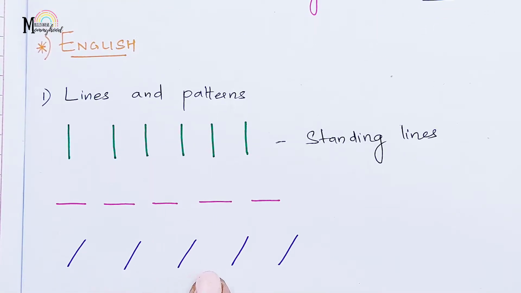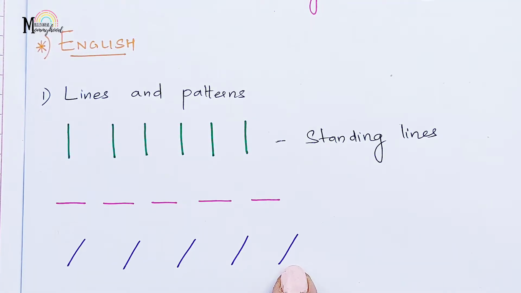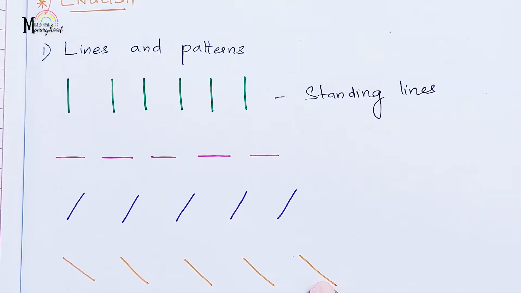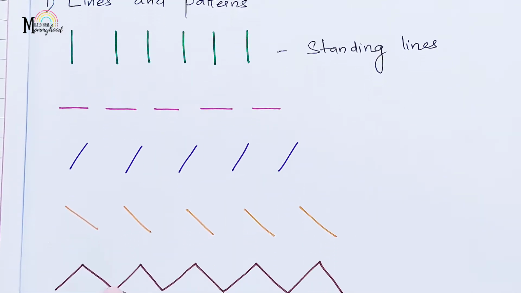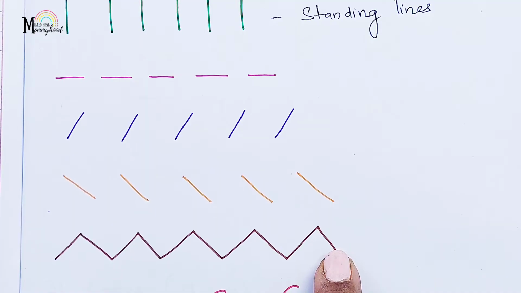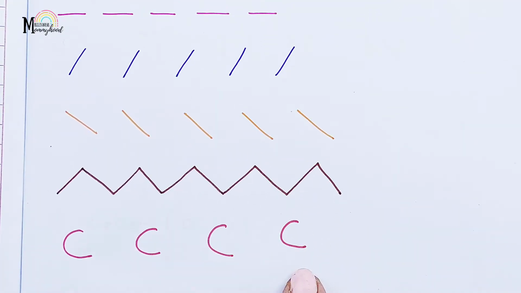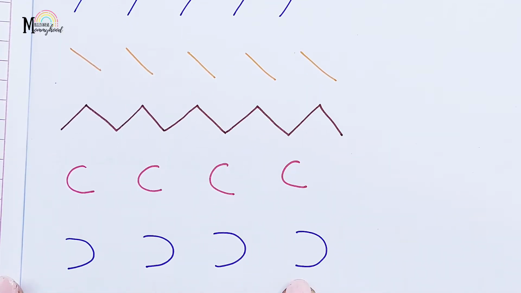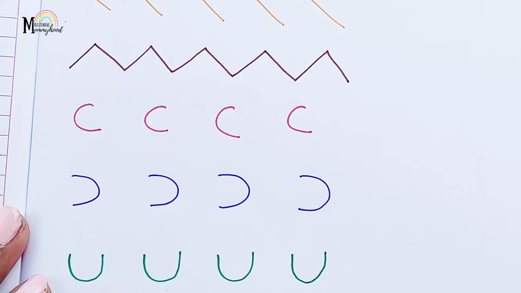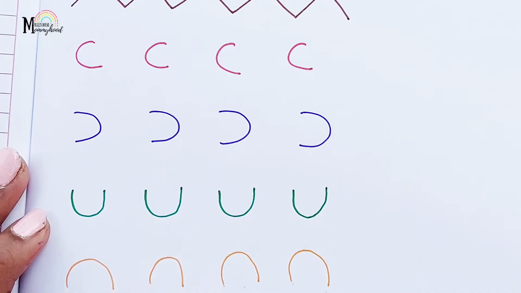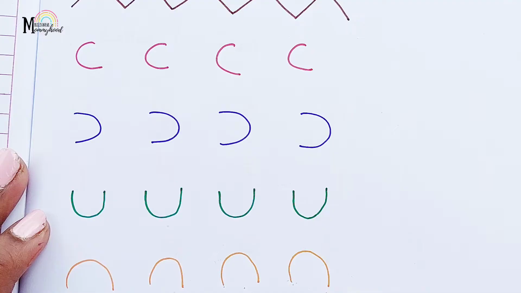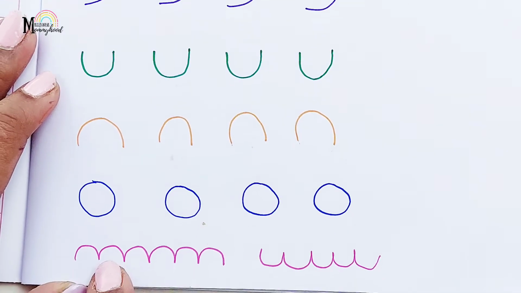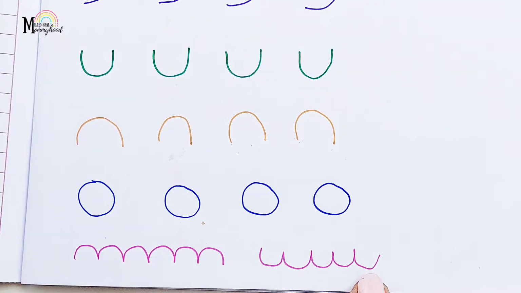Then comes the right slanting lines, left slanting lines, the zigzag lines, we call it mountain and valley also, the curves opening towards the right side and then opening towards the left side, upwards, downwards, circles, and also these in downward and upward direction.